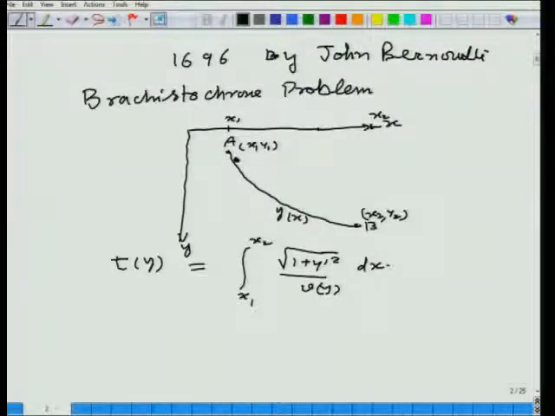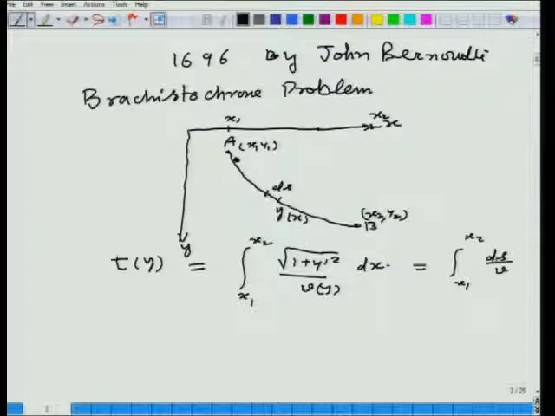Here this time will be actually given by this integral from x1 to x2 of square root of 1 plus y prime square, where y prime means dy by dx, upon the velocity. This can be seen as the integral from x1 to x2 of ds upon the velocity, where ds is the element of arc length along this curve.